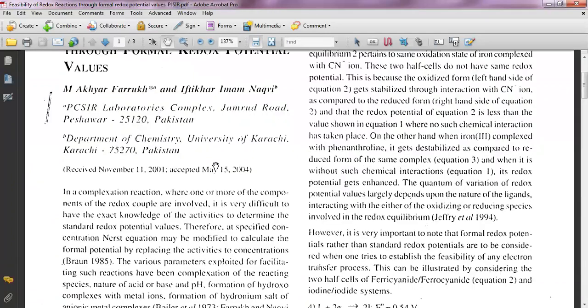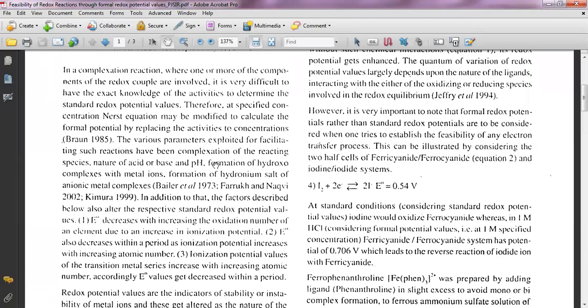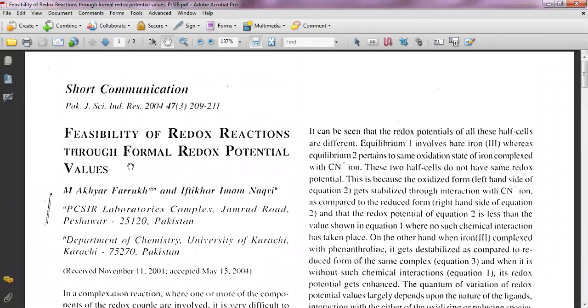So what we are going to study here is the formal redox potential values, because simply you can understand these are the values at the laboratory scale, where we are not going to use the unit concentration of the metal ions or the hydrogen or hydroxyl ions, where the pressure is not 1 atmosphere, and the temperature is not 25 degrees centigrade.